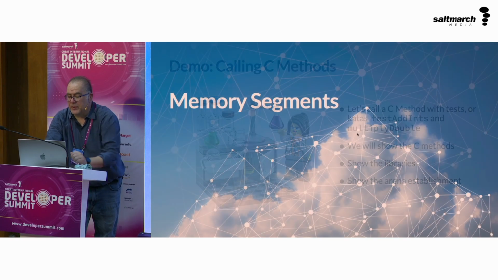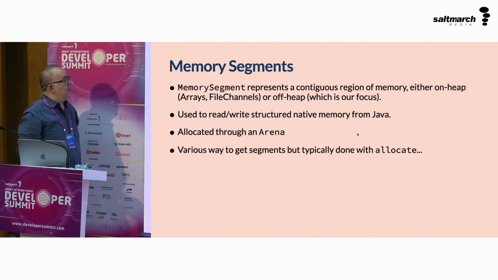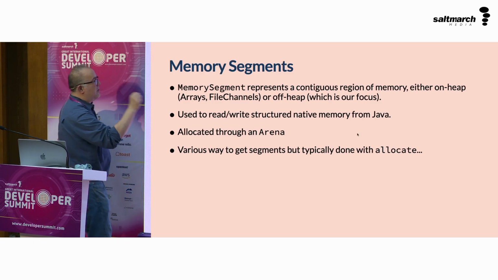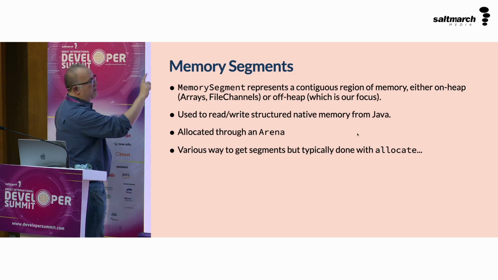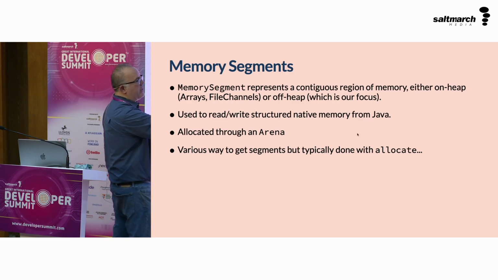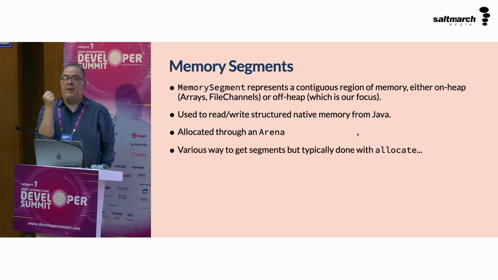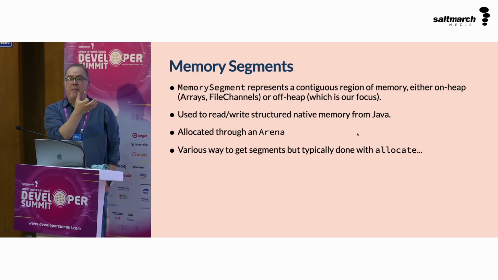That's calling my C library, and that's how that works. Okay? So pretty cool. So memory segments. So those were easy because those were just primitives, and I could just say, hey, here are the primitives. I just want you to use those. So memory segment represents a contiguous region of memory. So let's say I want to call a C function, and I need to set up some memory, and then I need to tell that C function, here's the memory.